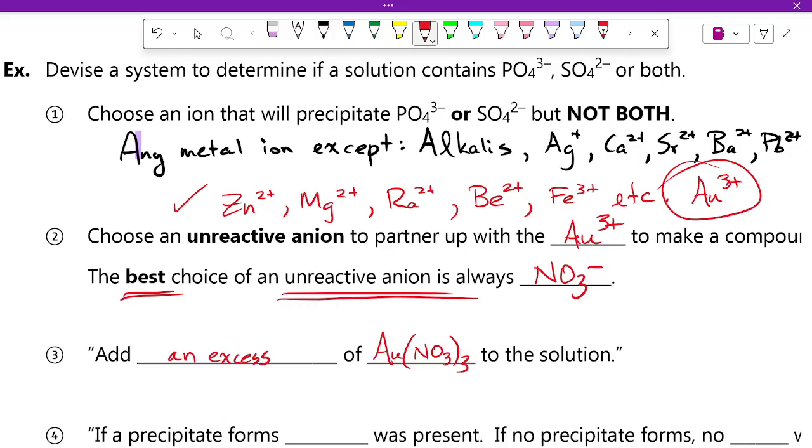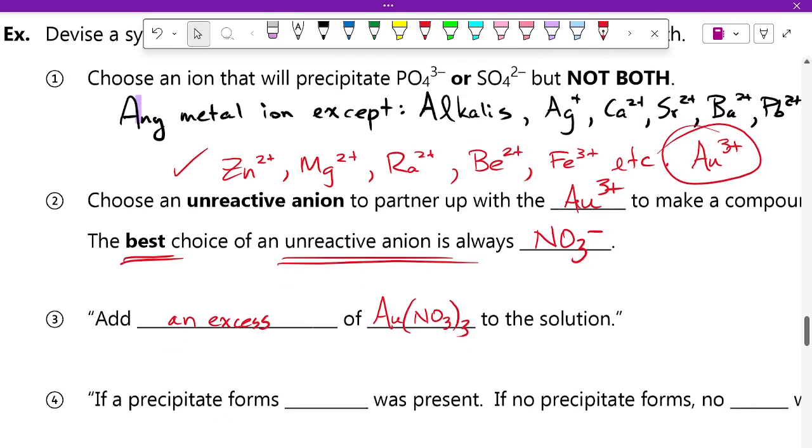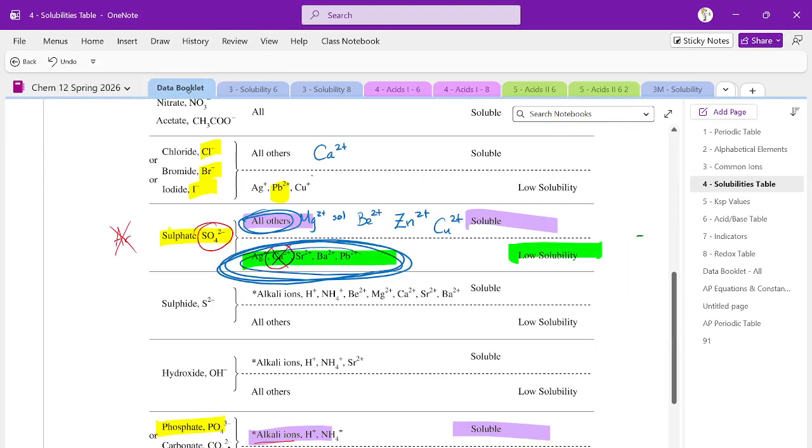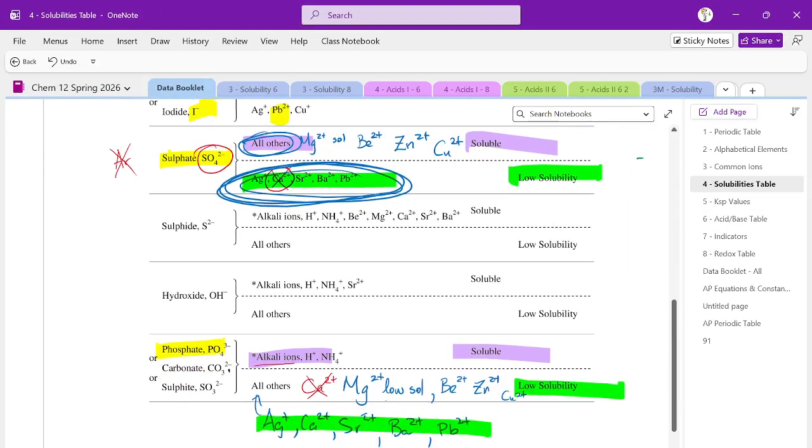If a precipitate forms, what was present? Which one did it precipitate? Now you have to go back to your chart and remember. Did it precipitate the phosphate or the sulfate? Go back, look it up. Did the gold precipitate the sulfate or the phosphate?